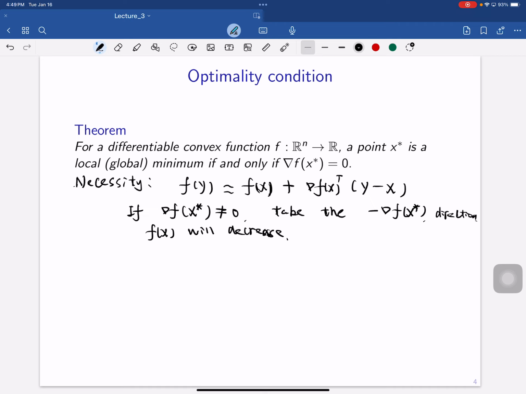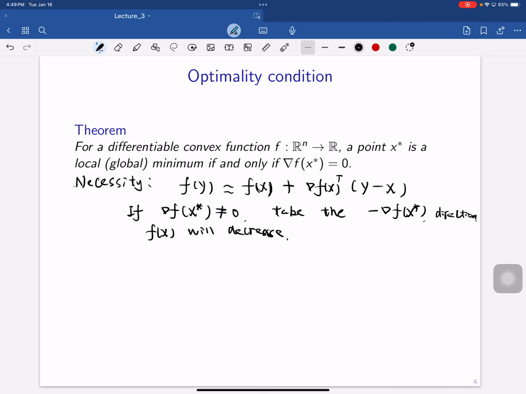And that's why x star is not a local minimum, because there exists a direction in which you can further decrease f(x). And why in this direction will f(x) decrease? You can argue this using the so-called directional derivative.